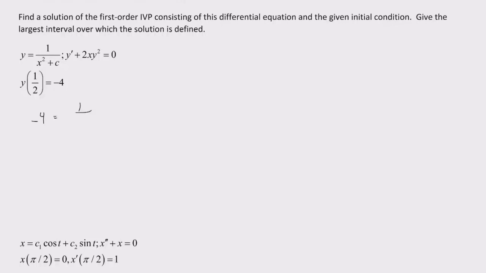That's -4 equals 1 over 1/4 plus c, and I'm going to use a little bit of fraction rules here, so I'm going to swap that out. So 1/4 plus c equals 1 over negative 1/4.